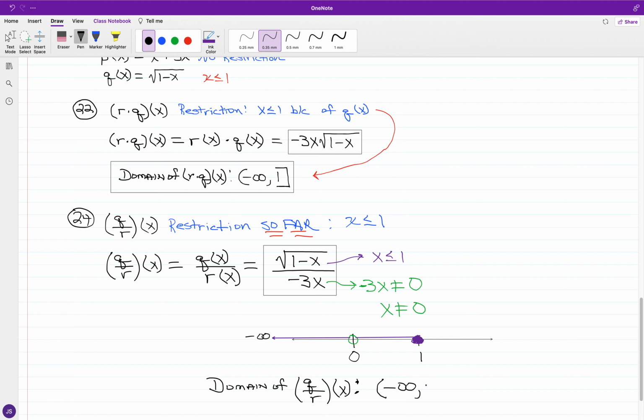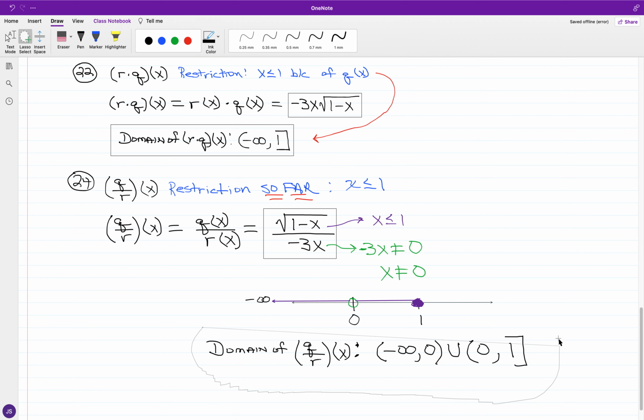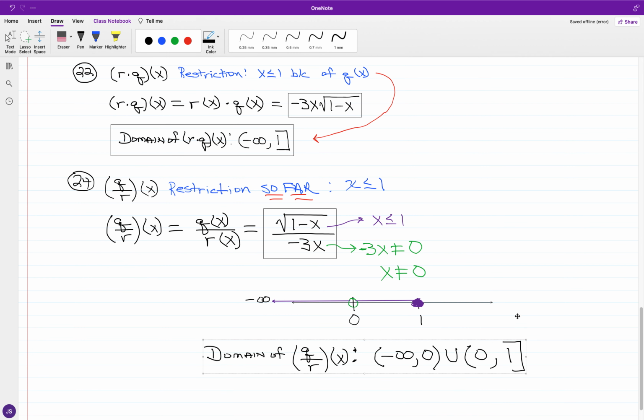So I have a parenthesis around 0, and then proceeding to the right, bypassing 0, we have values of x such that x is greater than 0, and in turn x is less than or equal to 1, and so that value is going to be bracketed. And so that'll be the interval notation for the domain of this particular quotient function.